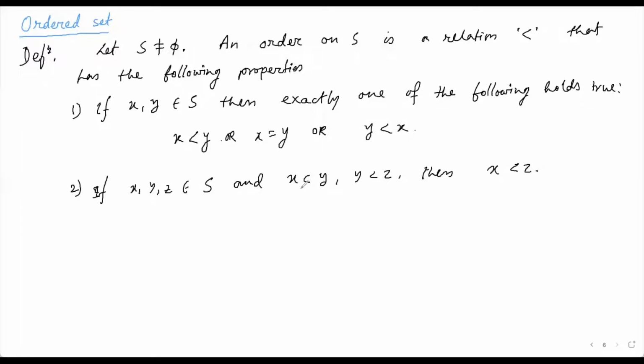That is, if x is related to y and y is related to z, then x is related to z. That is, this is transitive. And so this is a definition of order.